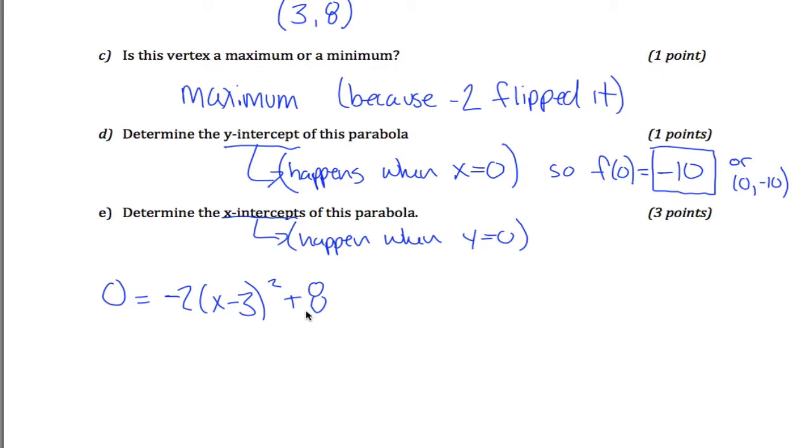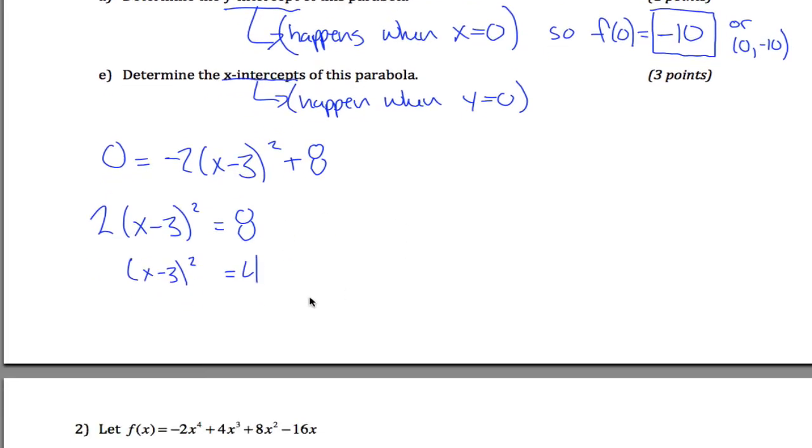So to solve this equation for x, I'll subtract 8 from both sides. No, I won't. You could do it that way. I'm going to add this term over to this side, keep things positive. I added this to the left. If you want, you could subtract the 8, get the same thing. Now I'll divide by 2. Now I'll take the square root of both sides of the equation. So I get x minus 3 equals plus or minus 2.